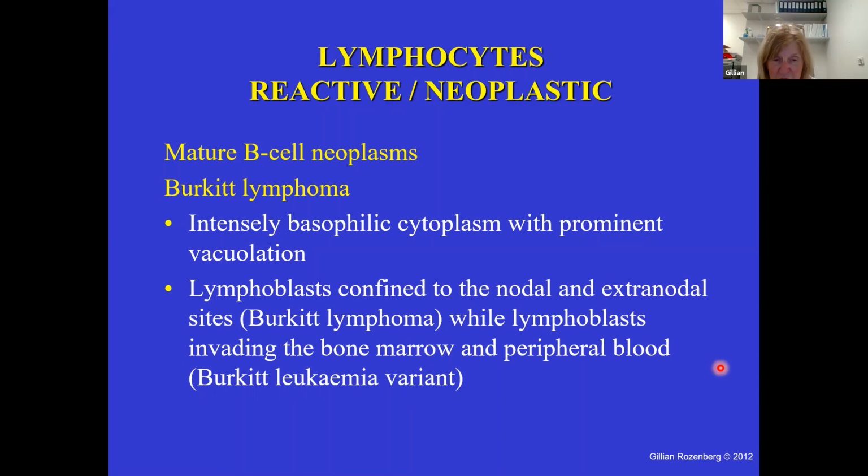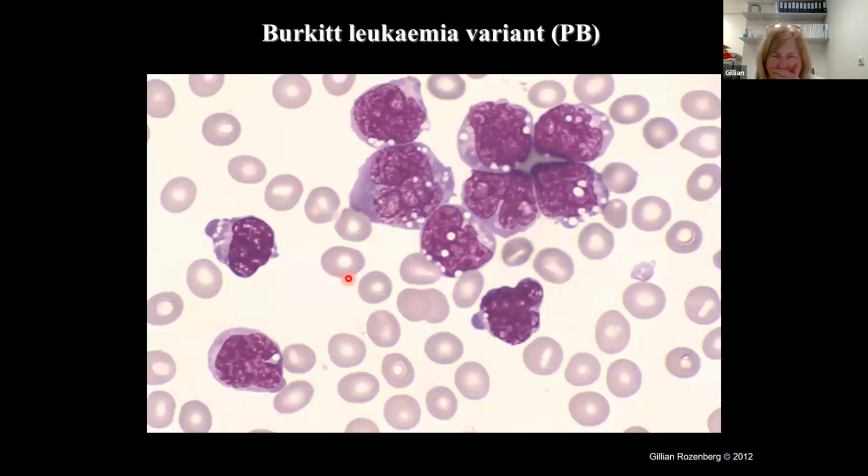And the image I'm going to show you is a Burkitt leukemia. They now call it a Burkitt variant. You can see here it's a Burkitt variant. These are the classical Burkitt cell leukemia in the peripheral blood.